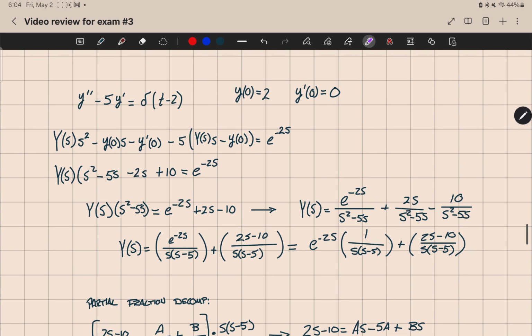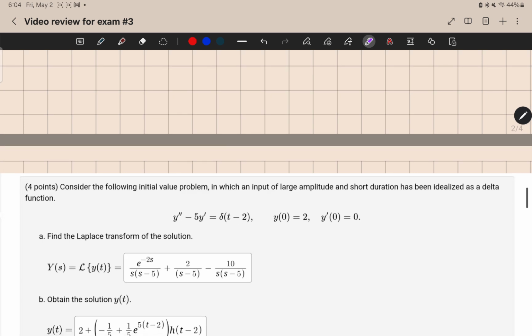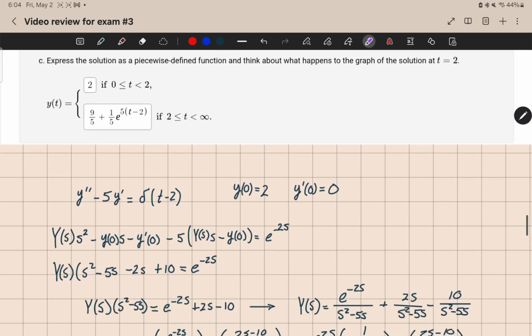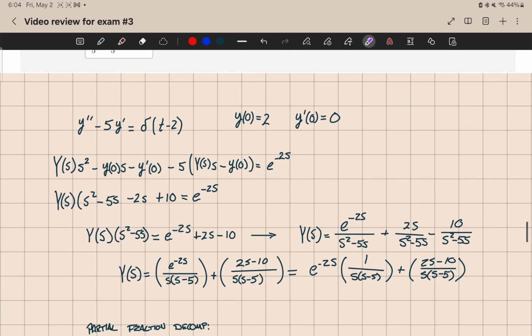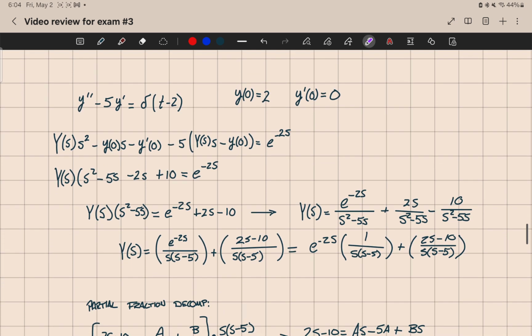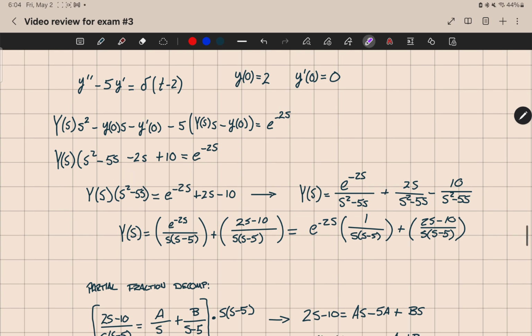And then since this is an initial value problem, they gave us values for y(0) and y prime(0). So right after this step, I just went ahead and made those substitutions here.